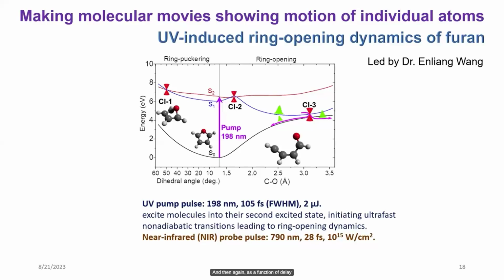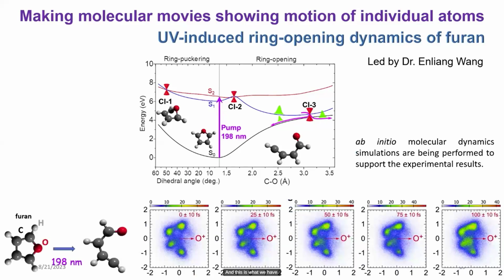And then again, as a function of delay, we come in with the second pulse, the probe pulse, 790 nanometers, about 28 femtoseconds, higher intensity, to explore the molecules and look at the Newton plot, the image of the molecules in momentum space. And this is what we have.